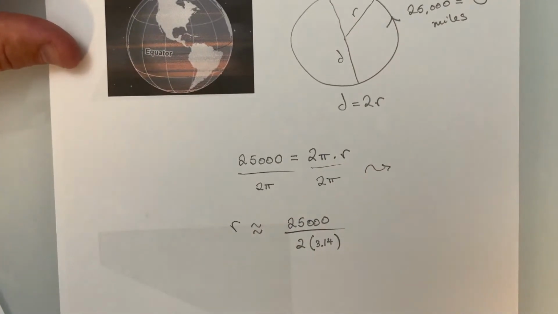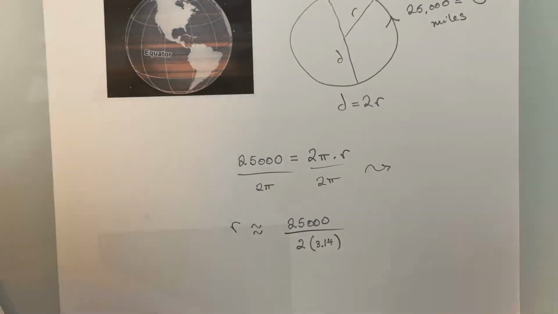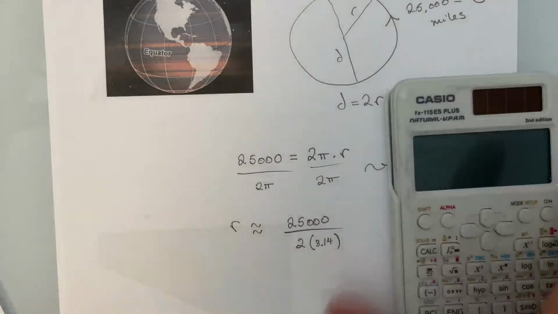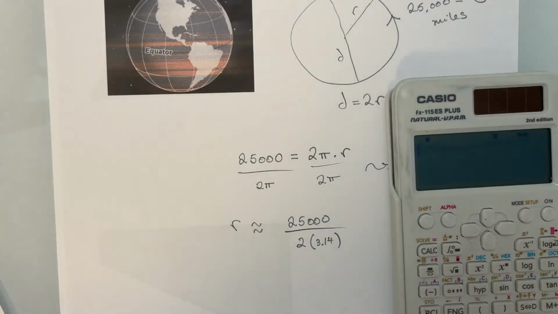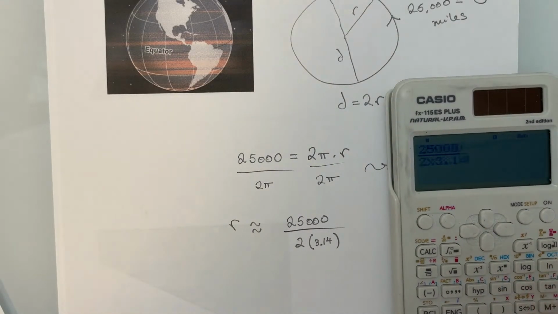Sorry. I forget my camera skills already. So yeah, I'll type that in. This will be roughly that number. All right, so 2 decimal places. Sorry, 1 decimal place.